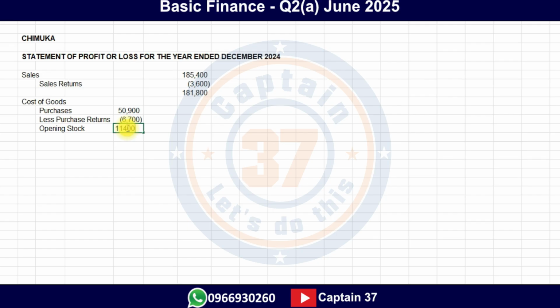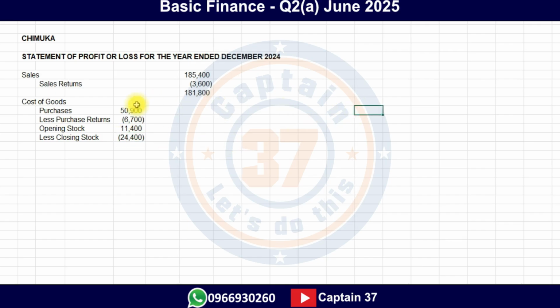If the date given for inventory is the first of the month, that means that it is the opening stock. If it is at the end of the month, it means that it is the closing stock. And we've been given the closing stock, so less closing stock, which was 24400.